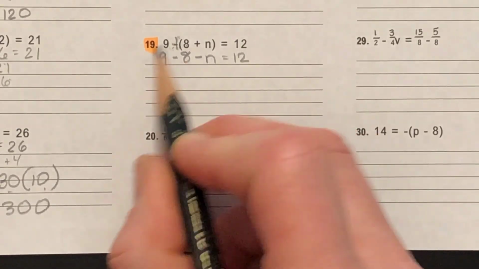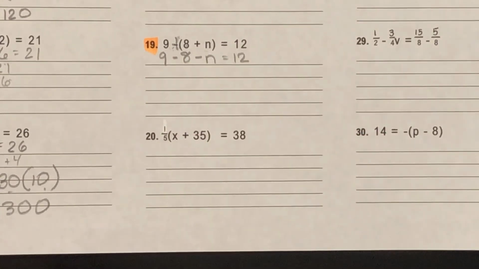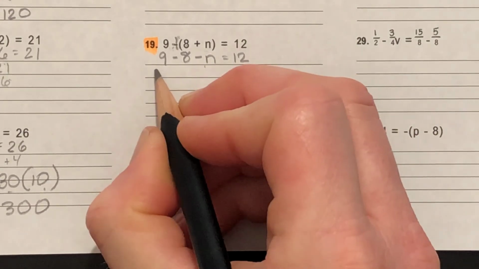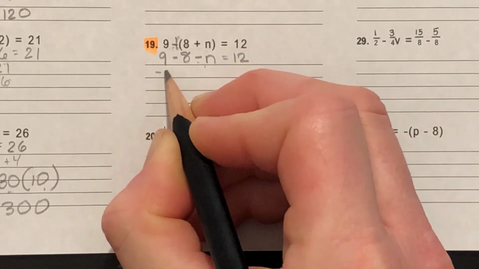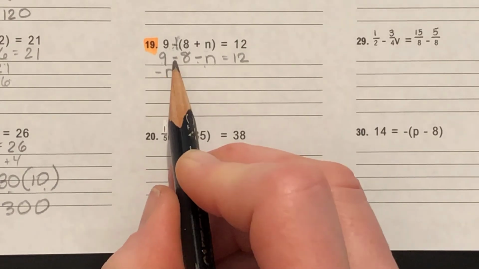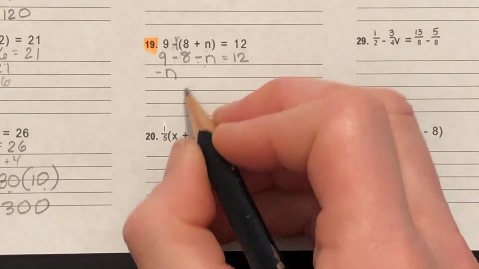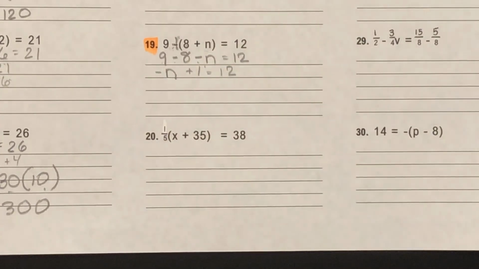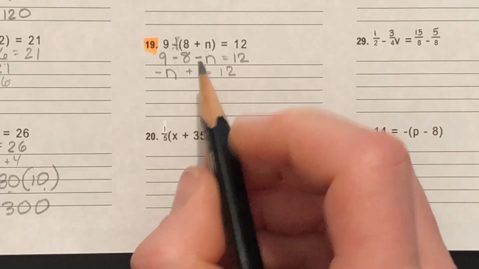So the next thing I need to do is combine my like terms. I've got 2 constants and a variable. I always like to do my variable first. It's -n. 9 minus 8 is 1, plus 1 equals 12. Now to isolate my -n, I subtract 1 from both sides.